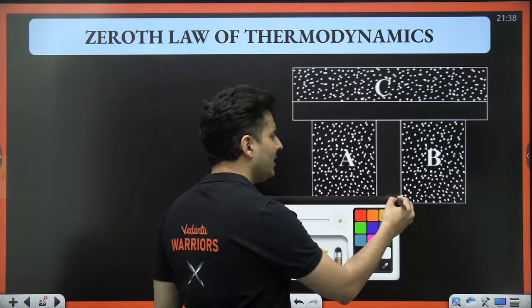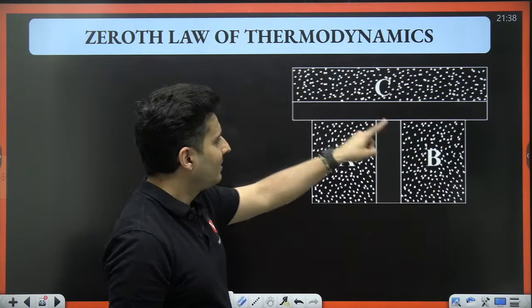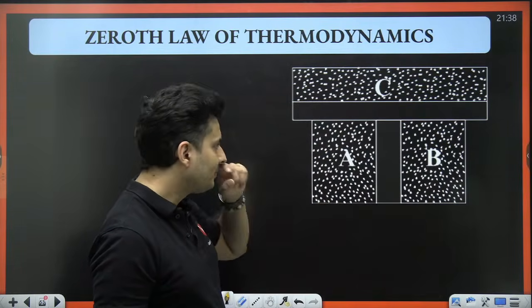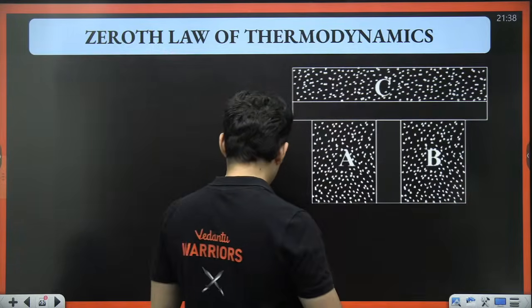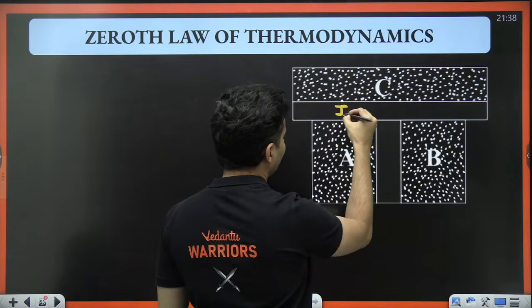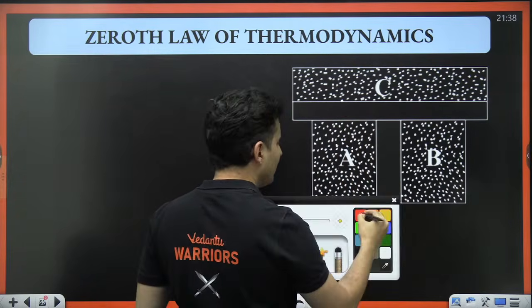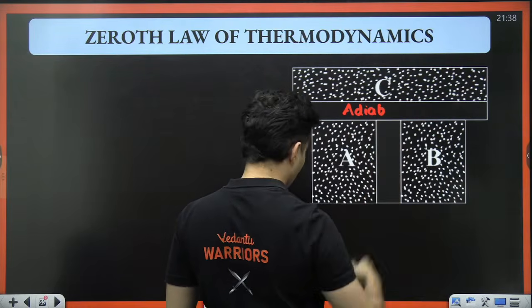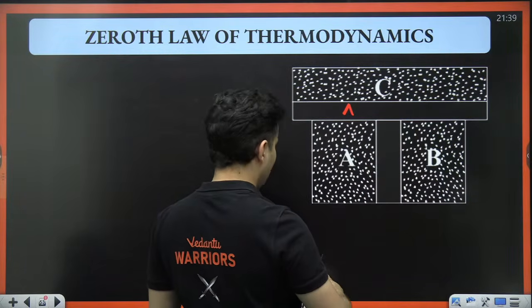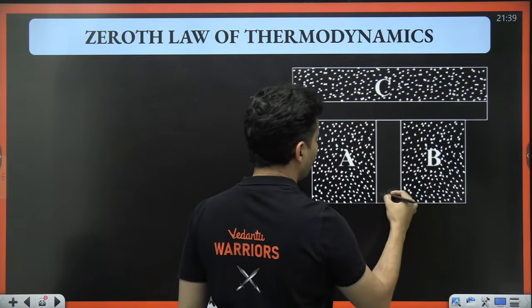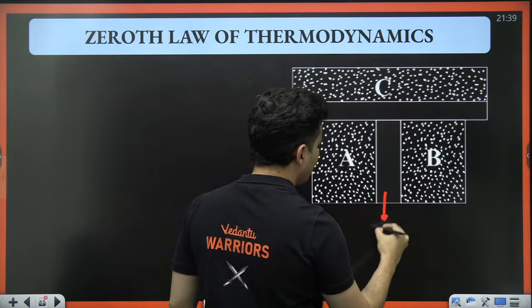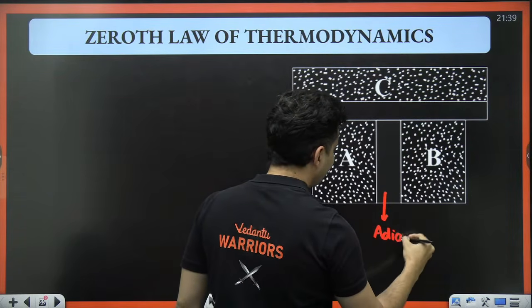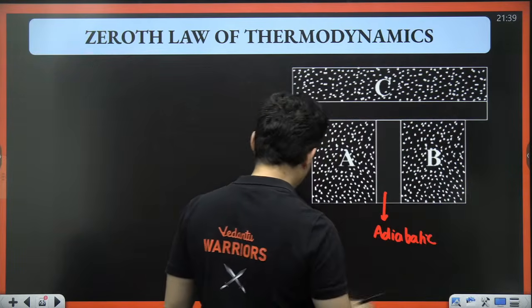So what is that? Look at this over here. Imagine this is insulating, meaning this is adiabatic. Oh, sorry, not adiabatic. My bad. This is basically adiabatic in nature.